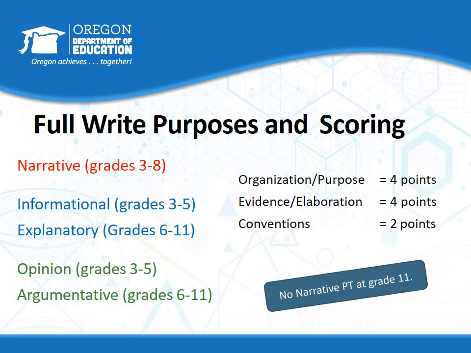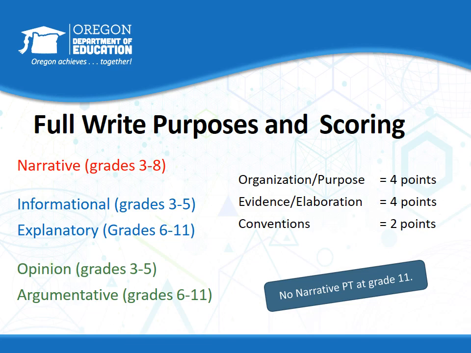The ELA performance task on the Oregon Statewide Summative Assessment will include either a prompt or purpose type from narrative writing in grades 3 through 8, informational explanatory in grades 3 through high school, or opinion argumentative writing in grades 3 through high school. It is important to note there is no narrative writing performance task at the high school level.